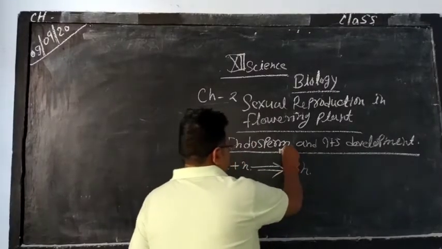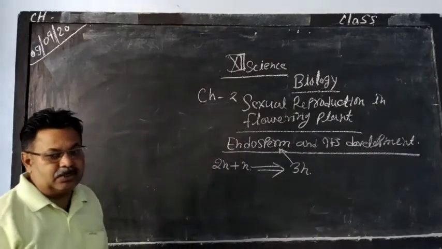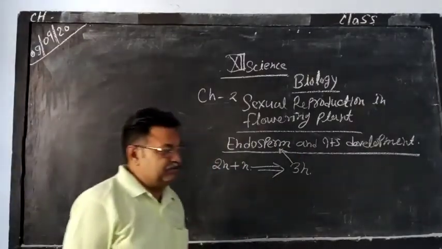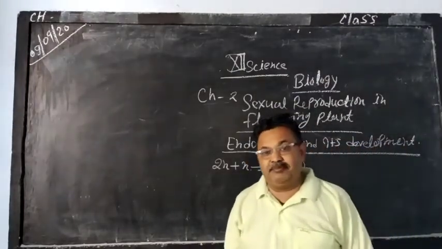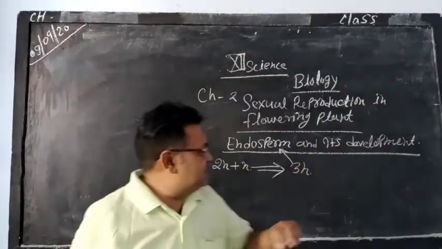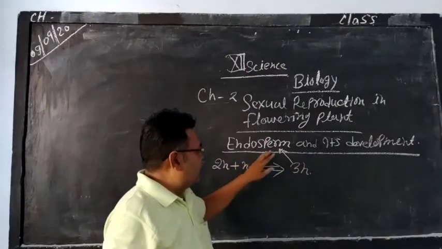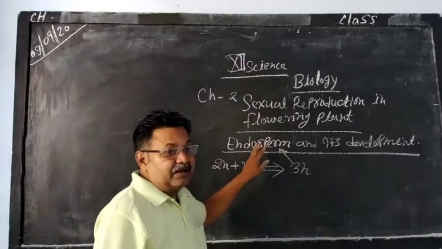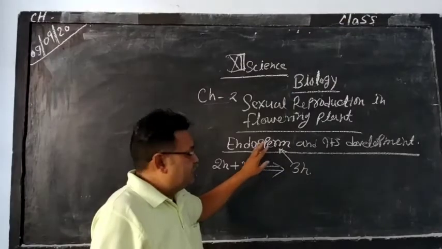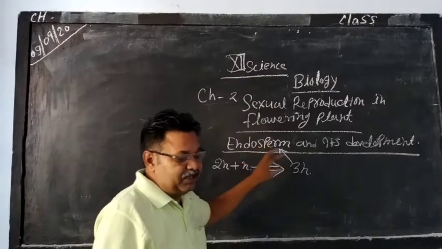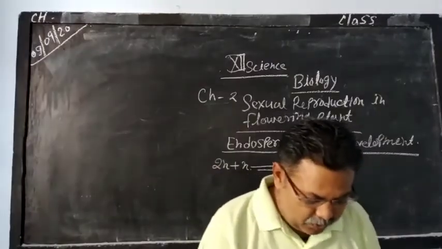Endosperm provides nourishment to the developing embryo. This endosperm is developed in the cell and it provides food material or nourishment to the developing embryo.